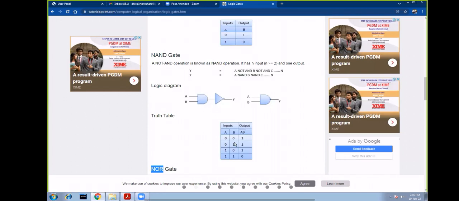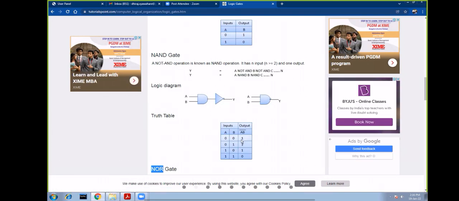What is the representation? If suppose my input is 0, the second input is 0, what will be the output? According to the AND gate, it should be 0. But as we have used the NOT gate, the output will be represented as 1. Are you getting or not? When my input is 0 and another input is 1, what is it according to the AND gate?